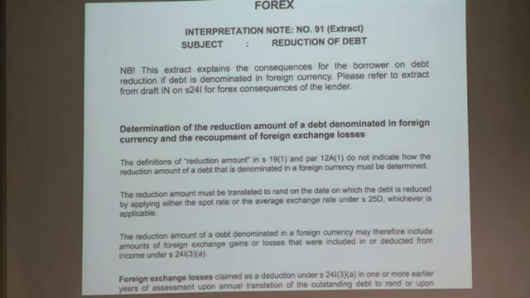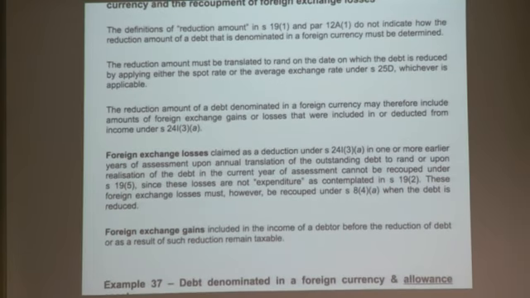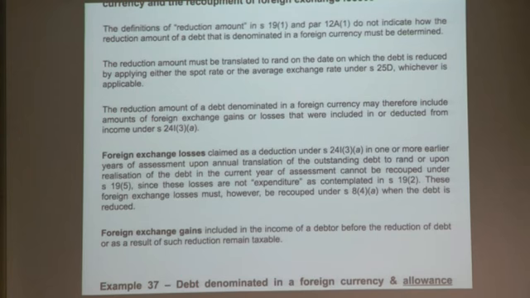Okay, so just the theory. The definition of reduction amount in your section 19, your paragraph 12A, do not indicate how the reduction amount is denominated in foreign currency, how it must be determined. So if we don't have a specific rule, you're comfortable now, hopefully, to know that you go back to section 25D. So my conversion will be done in terms of section 25D.